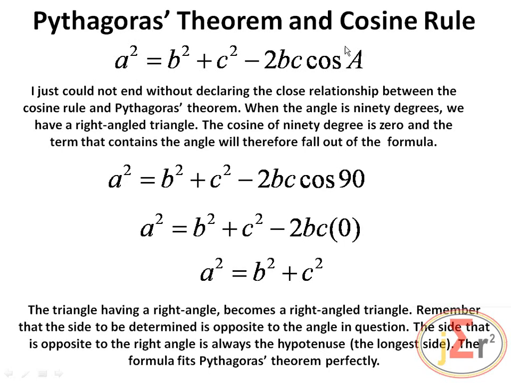So, the side is opposite to the angle, and this angle is 90 degrees. In a right angle triangle, the hypotenuse is opposite to the right angle. Therefore, A in this case would represent the hypotenuse. So the hypotenuse squared is equal to the sum of the squares of the two other sides. And we have a perfect example of Pythagoras' theorem.